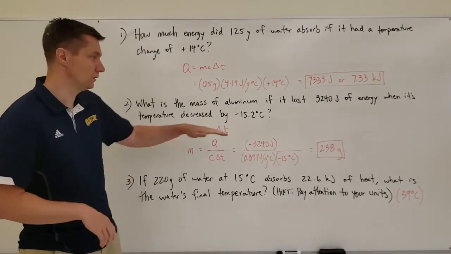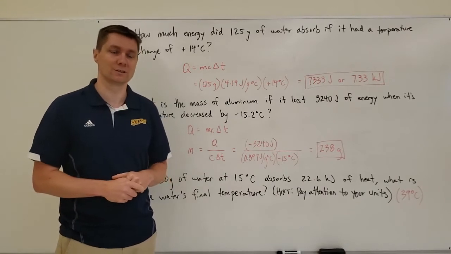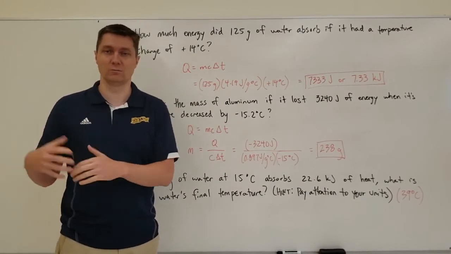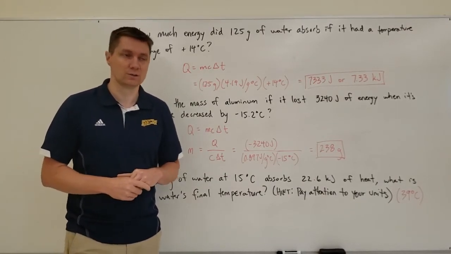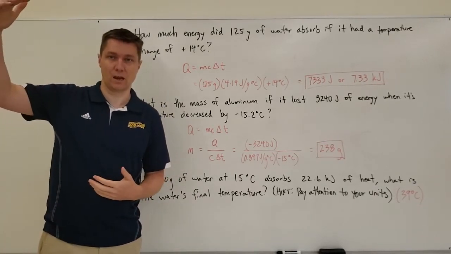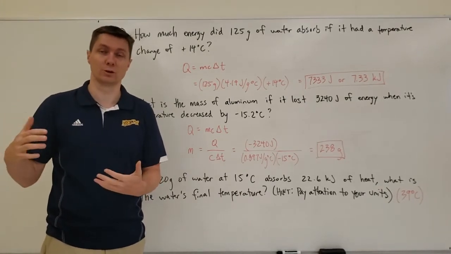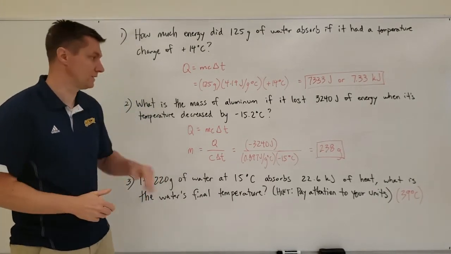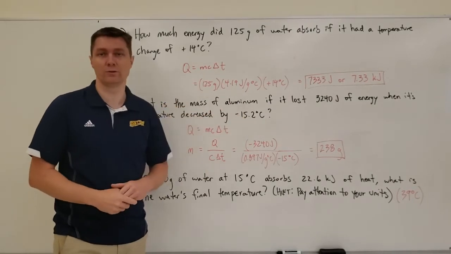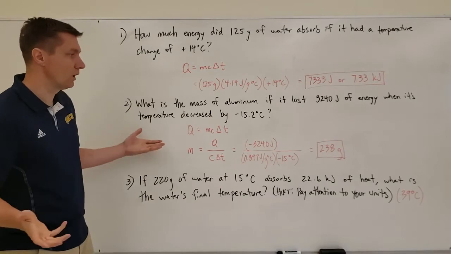So this is not that the aluminum is at negative 15.2 degrees Celsius. It's that it's lost 15.2 degrees Celsius. So it may have been at 97 degrees Celsius, and a loss of 15.2 degrees Celsius would bring us down to a new temperature that would be lower than that. So that's what this negative 15.2 degrees Celsius means. It's a temperature change, indicating that we've lost energy.